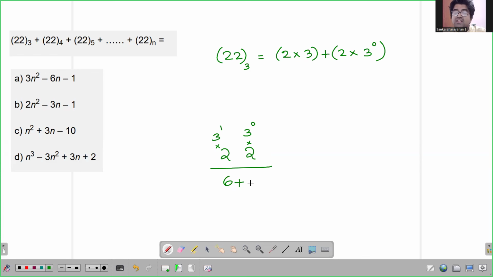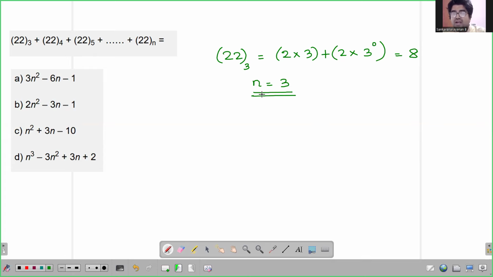So 2 into 1, this is coming here as 2. So this answer is equal to 8. Got it? So 22 to the base 3, converting it into decimal, I can see the value is equal to 8.